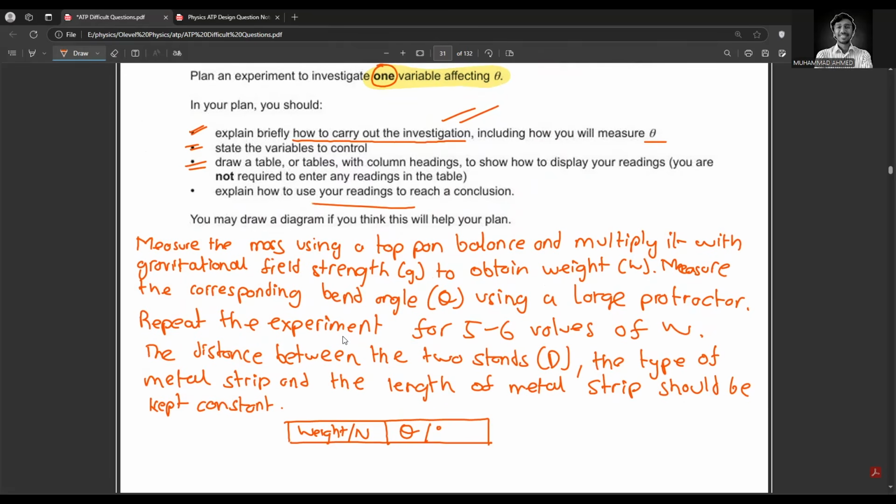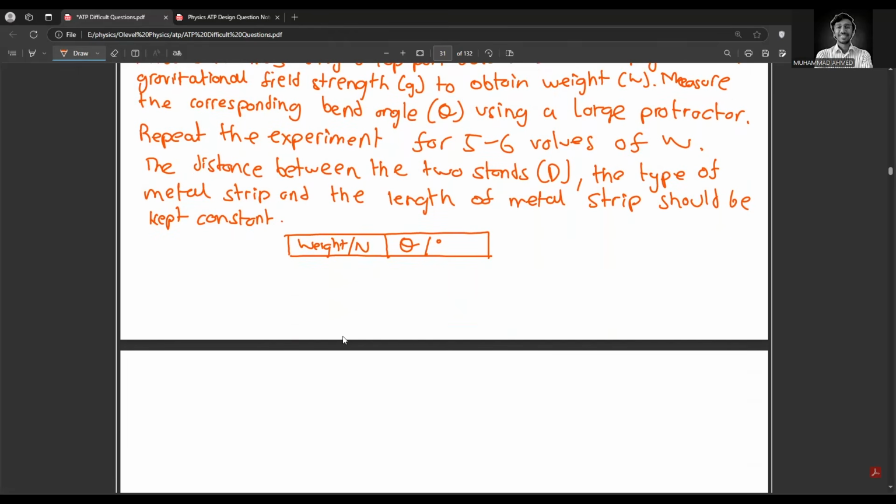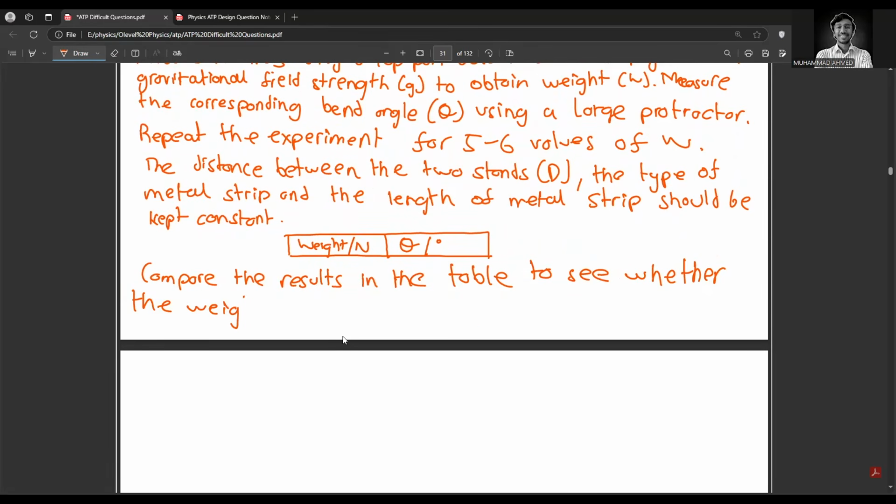Explain how to use your readings to reach a conclusion. Very, very easy. Compare the results in the table to see whether the weight affects theta or not.